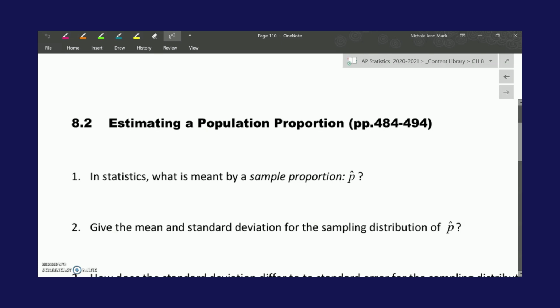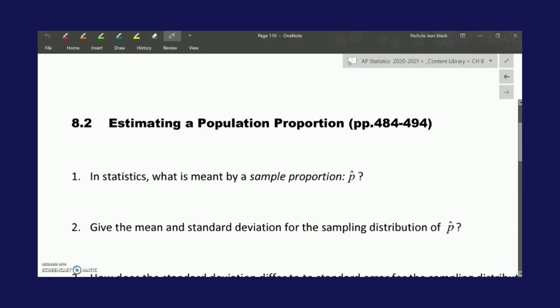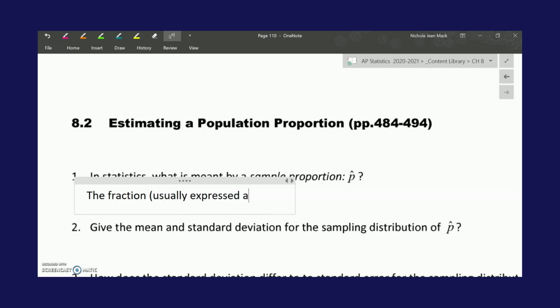So let's start with number 1. It says, in statistics, what is meant by a sample proportion p hat? So we first got to make sure we even know what a p hat is. So let's begin. It's a fraction, and it's usually expressed as a decimal or a percent.